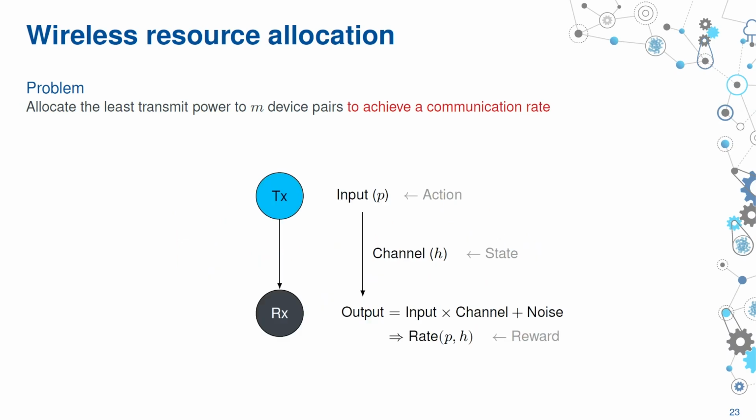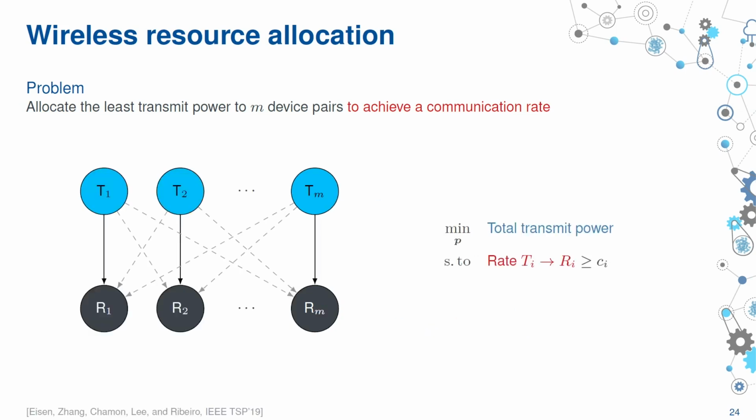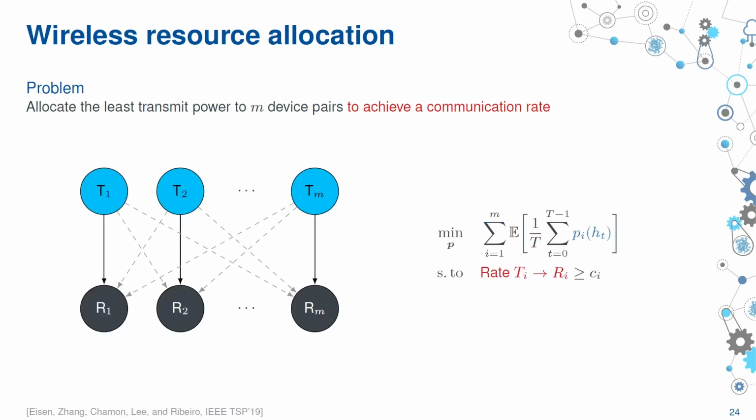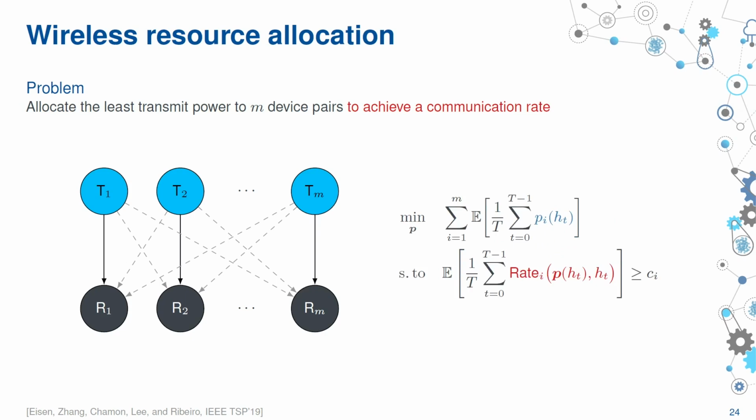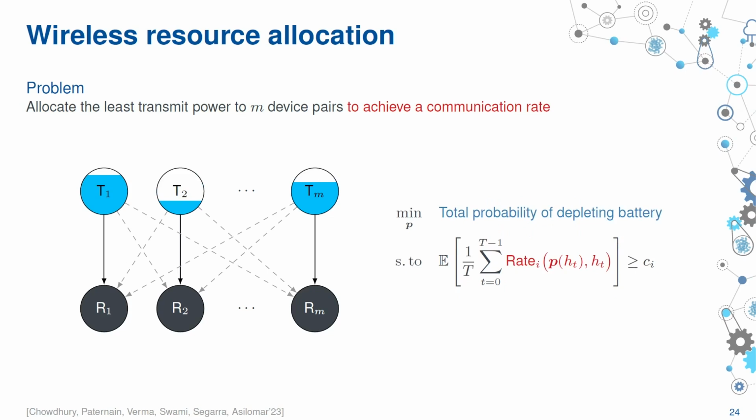So I can think of the power as the action, the channel as the state. I just want to get a point of how much power I should put depending on the state that I'm in. Okay, so this is the same problem as before, and I can just minimize the total transmit power subject to my rate of transmission being a certain value. And I can even make this problem a little bit more complicated by adding, say, some sort of battery on each of the nodes.